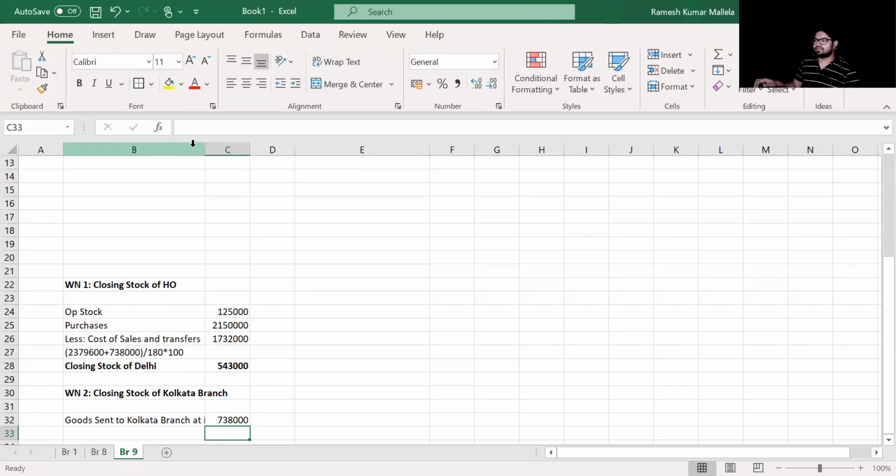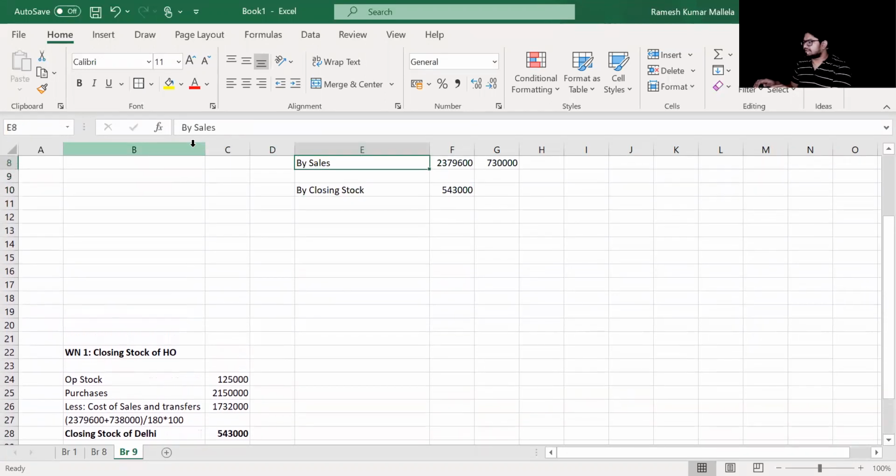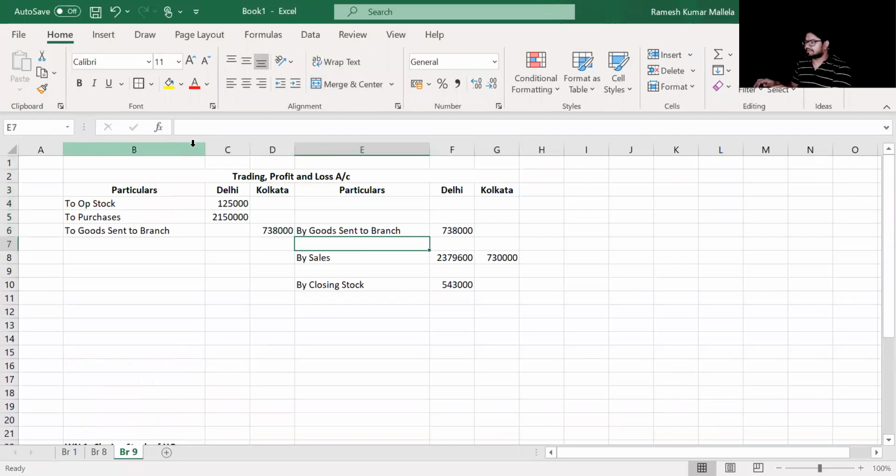This is the price at which you sent. Okay. Out of this, what did he tell you? He says that he has sold, the sales made, he has actually made a sale of 7,30,000. Okay. So actually goods sent to branch is 7,38,000 and he has made a sale of 7,30,000.